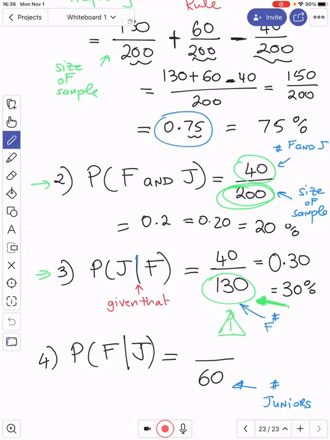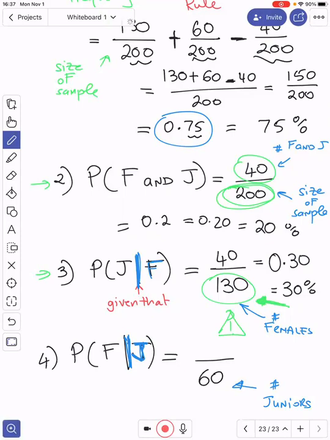You can think of this bar like we divide by the number of females. Here we divide by the number of juniors. So 130, that's the number of females, and here the 60, that's the number of juniors, so over J, over the number of juniors.